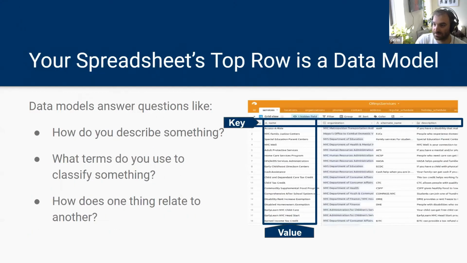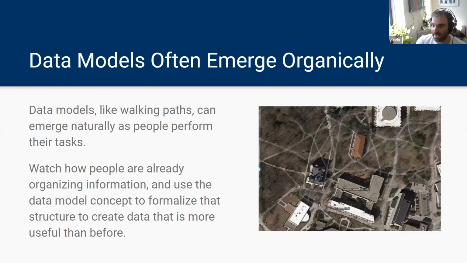So think about your spreadsheets as data models trying to get out. Those data models emerge organically within organizations, and they operate like the footpaths at the university, where people are structuring data over and over again in relatively similar ways.